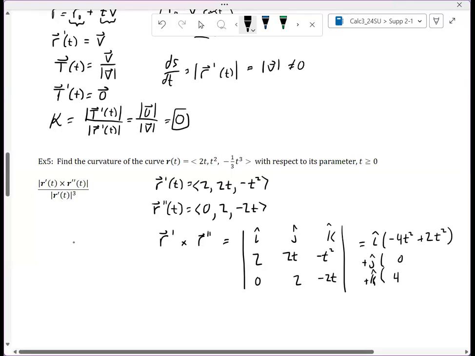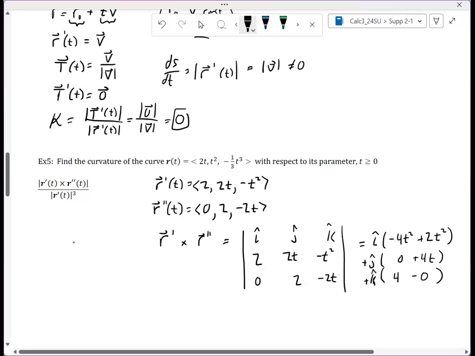For j, again, I get a negative j times 2 times negative 2t. So that's a plus 4t. And then for k, going top right to bottom left, I end up multiplying by 0. So that gets me a 0.